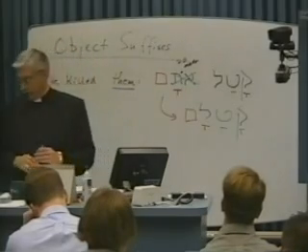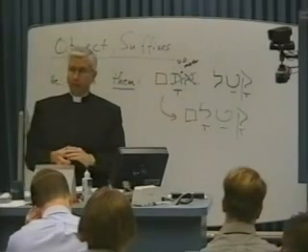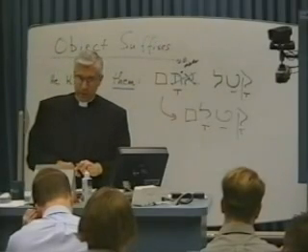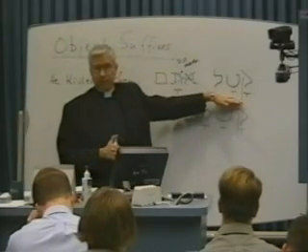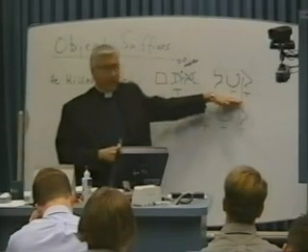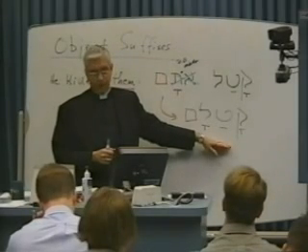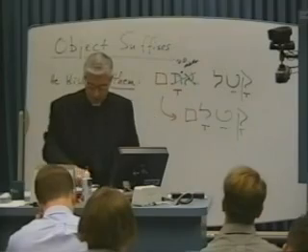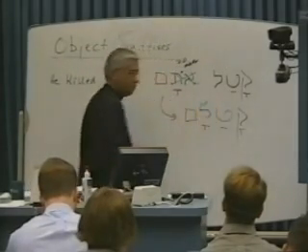Now, of course, it's never quite that simple. There is at least one minor development that you need to observe. Okay? How many syllables did we have here? Katal. How many syllables do we have here? Three. And the accent tends to go toward the object suffix.